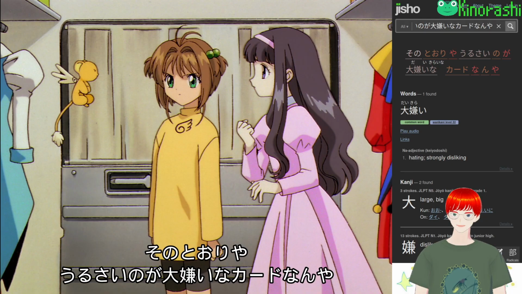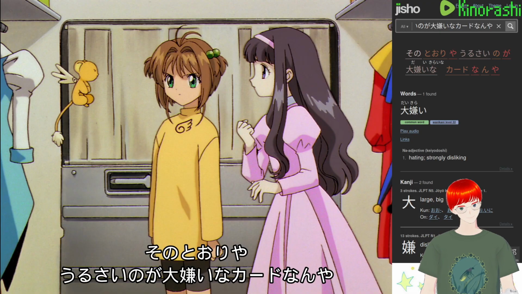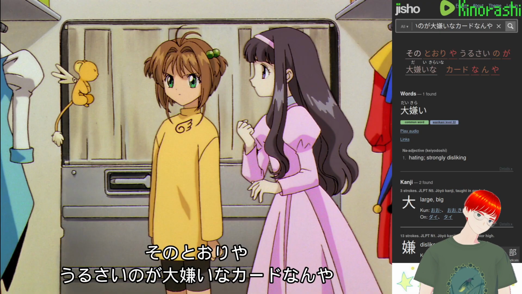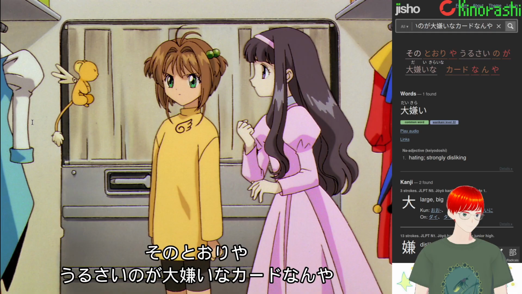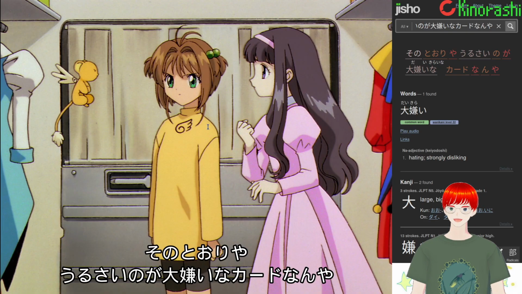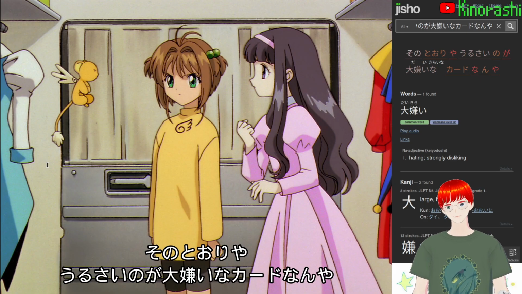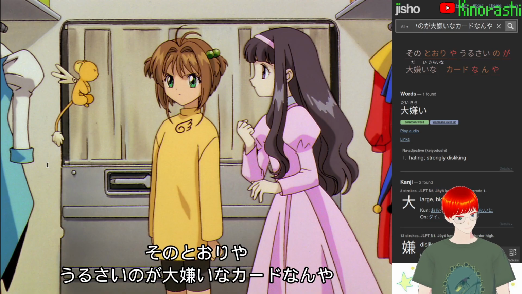Urusai, that's noisy. So as for noisiness, see, it's a card that really hates it. Daikirai.